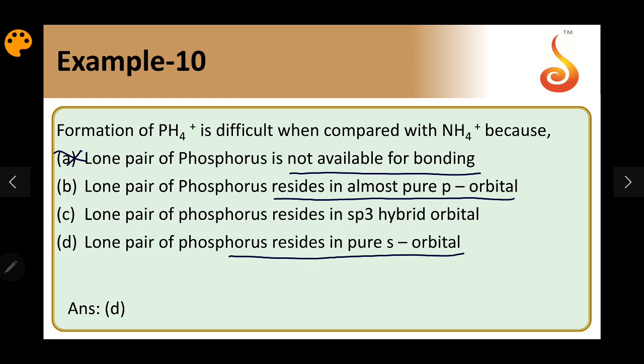As a result, it is firmly held by the nucleus and not easily available for bonding. So I would say D is the correct answer. Then A, non-availability, is not correct. It is available but difficult to take. The lone pair resides in the s orbital, which is more penetrated towards the nucleus.